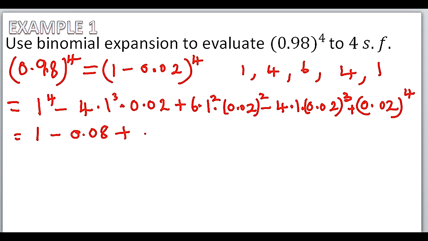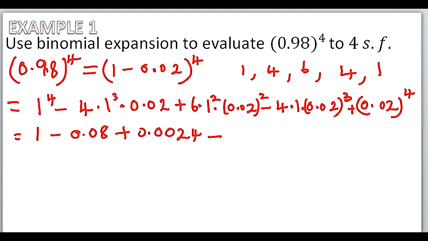Then we have plus 0.02 squared multiplied by 1 squared remains the same, multiplied by 6, we will get 0.0024.